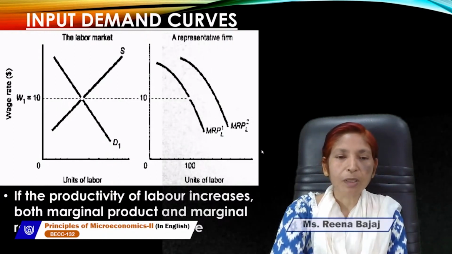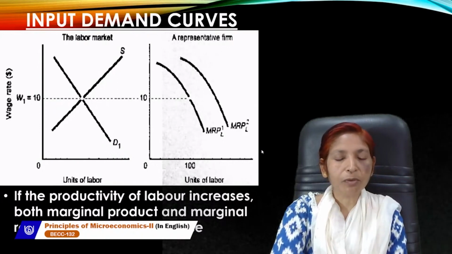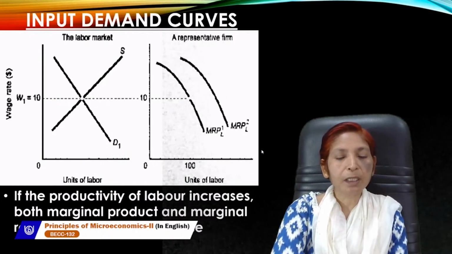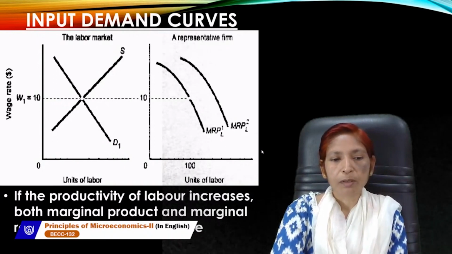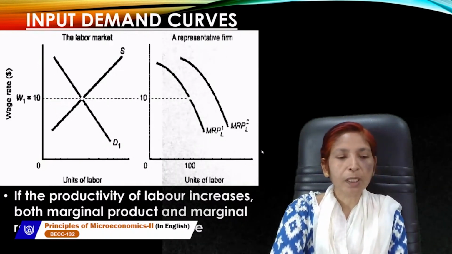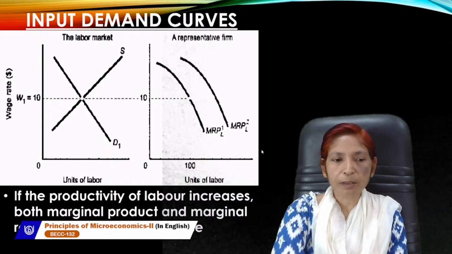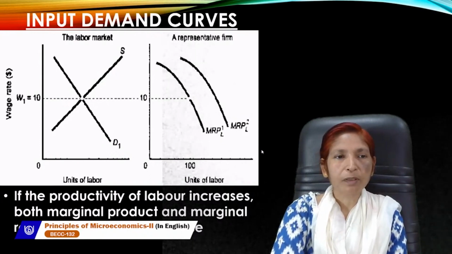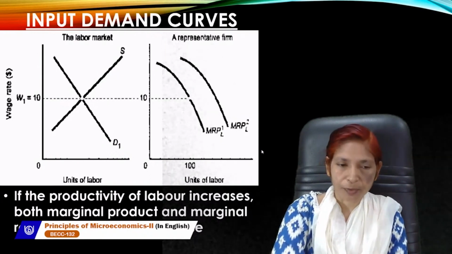The MRP curve is also a downward sloping curve from left to right. Here the input demand curve is showing that if the productivity of labor increases, then both marginal product and marginal revenue product will also increase. So due to an increase in productivity of labor, marginal product and marginal revenue product will definitely increase. We can show this with the help of these input demand curves.